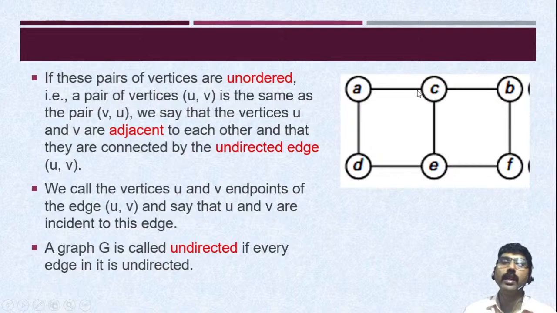So it is called an undirected edge. Now see, A and C are connected here using an undirected edge, so we can say that A and C are incident to this edge.